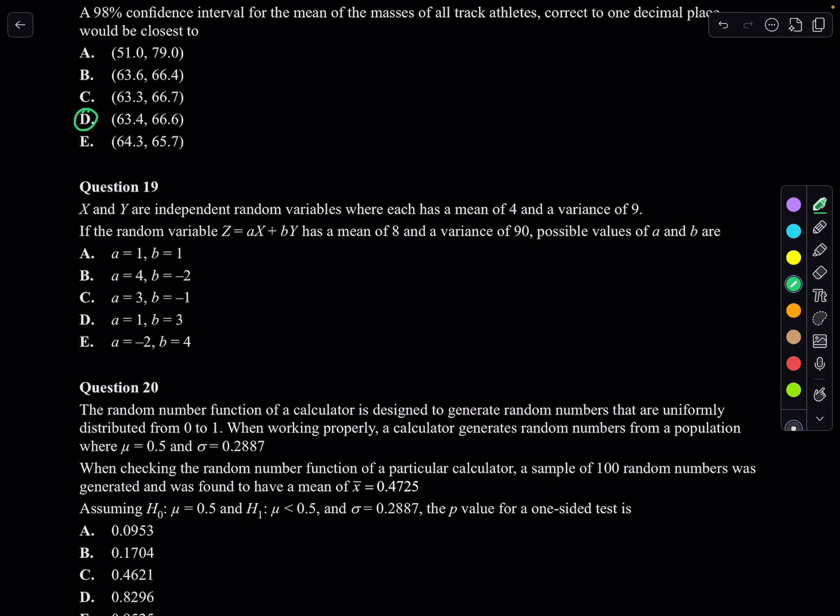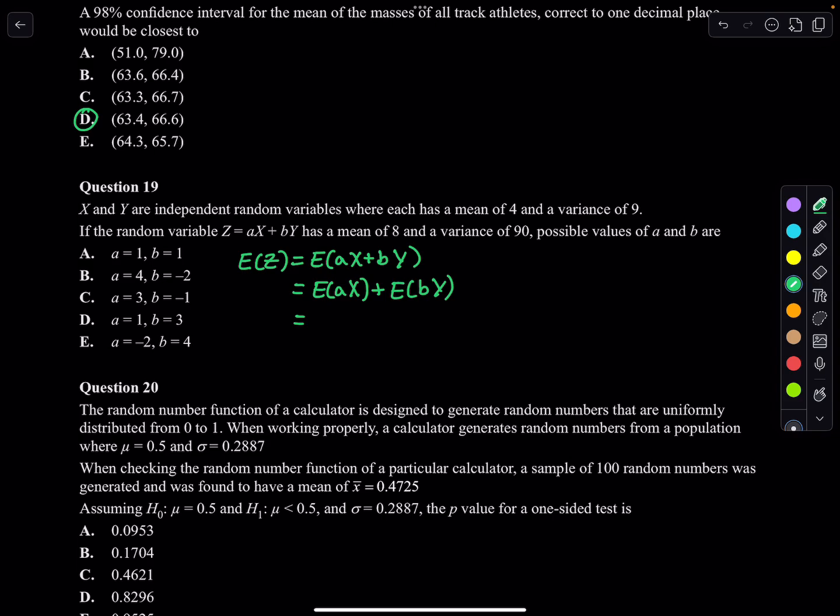We know the mean and the variance. So the mean of Z is the mean of AX plus BY. We can break them apart like this: expected value of AX plus expected value of BY.